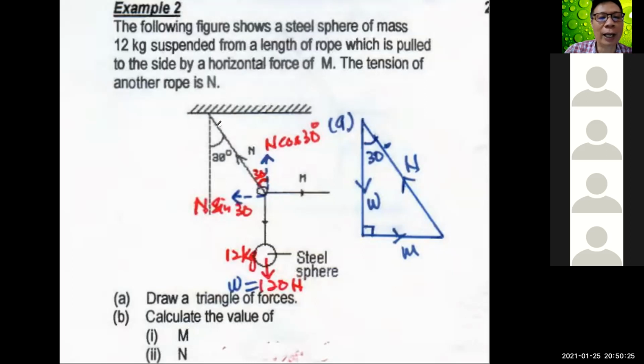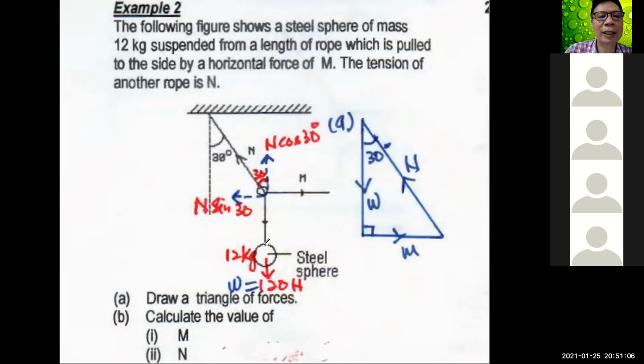Inside the string there is tension N. M is the pulling force, W is the weight, and N is the tension of the string. If you don't know, jot it down. Now the three forces must be in equilibrium, or else this object will not hang stationary.